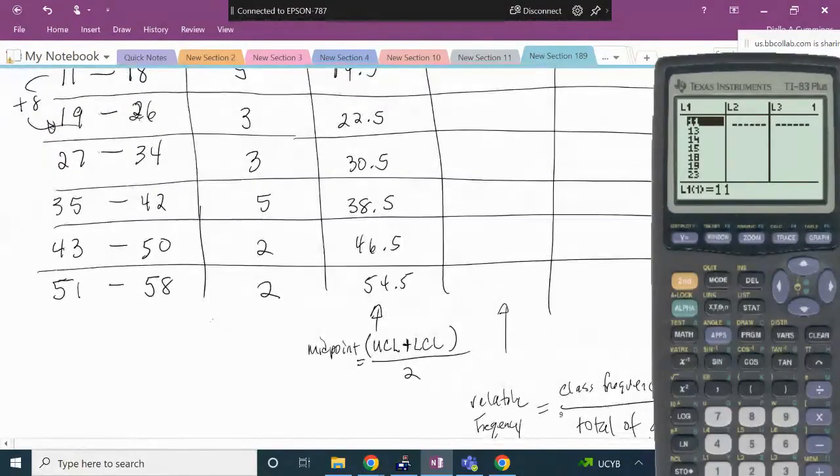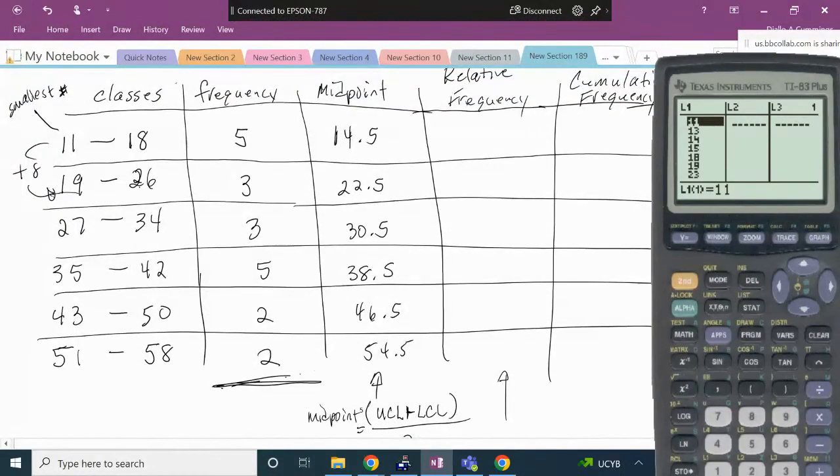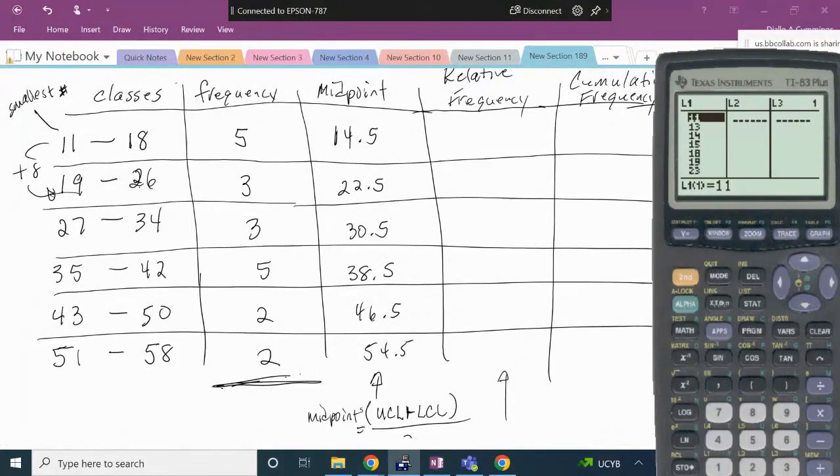So in order to find the total of all frequencies, we're going to have to add up all of the frequencies. So actually, how many numbers do we have? 20 numbers, right? So if you take 5 plus 3 plus 3 plus 5 plus 2 plus 2, you should get 20. So we have 20 counts, or 20 data points.